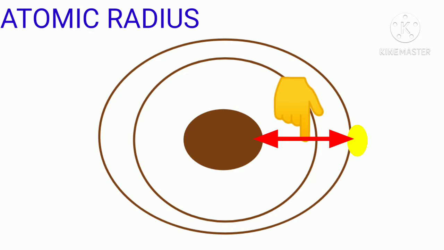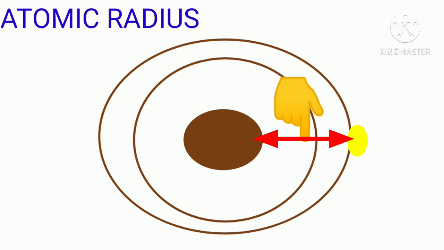So as the number of shells increases, the distance between the center of the nucleus and the outermost electrons increases. Then only does the atomic radius increase group wise. Group wise, the atomic number increases and the shells also increase.